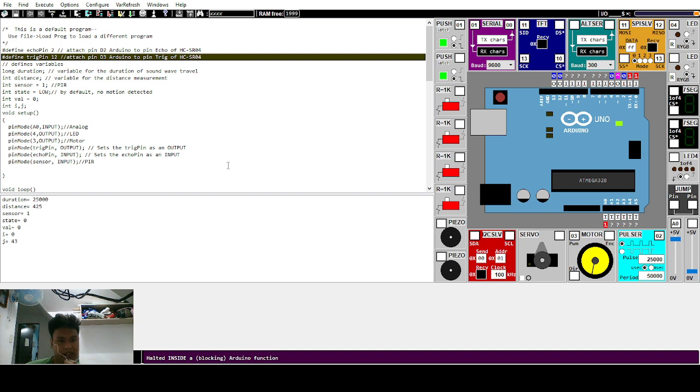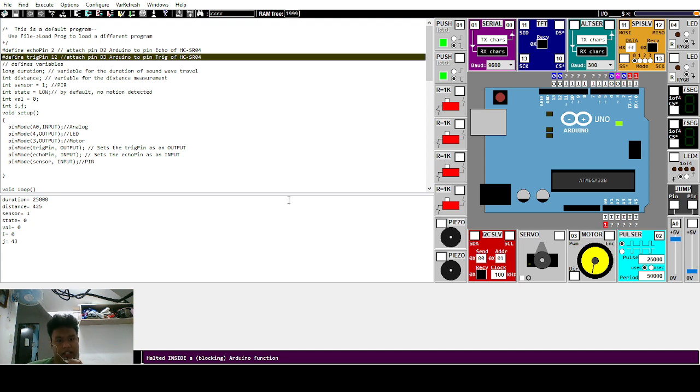Next is val equals 0, which is important as the variable for the PIR sensor. And we initialize the analog input, which is important for the analog input.